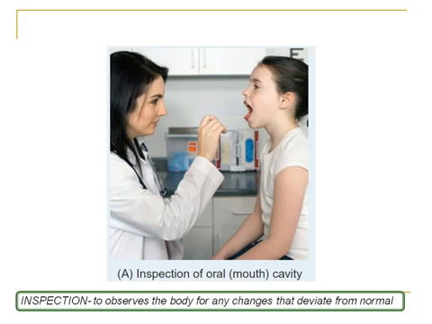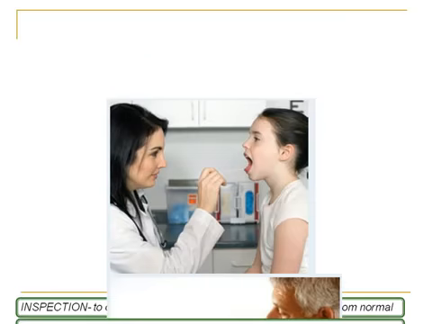I have displayed one picture here where a clinician is inspecting the oral cavity, that is the mouth. Inspection is the procedure where the body is observed with the naked eye for any deviation from the normal. That is the first step performed when the patient arrives at the clinician.